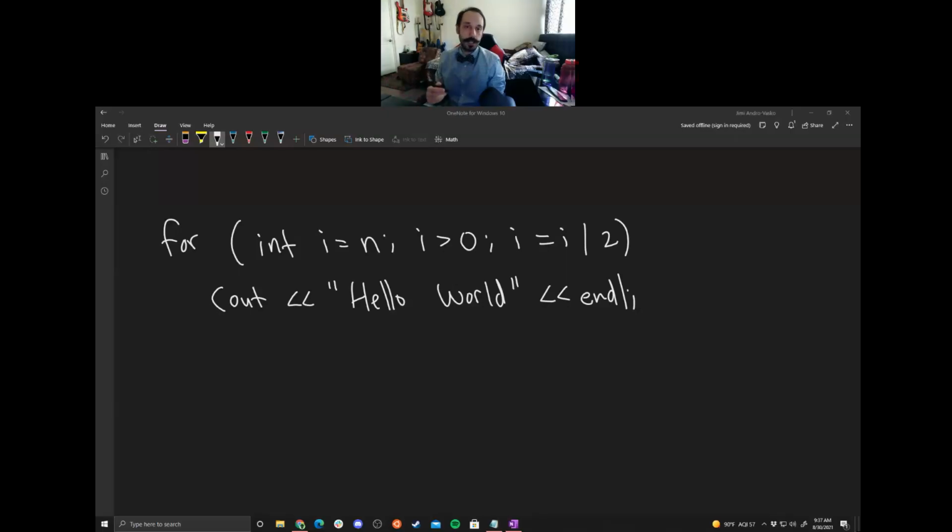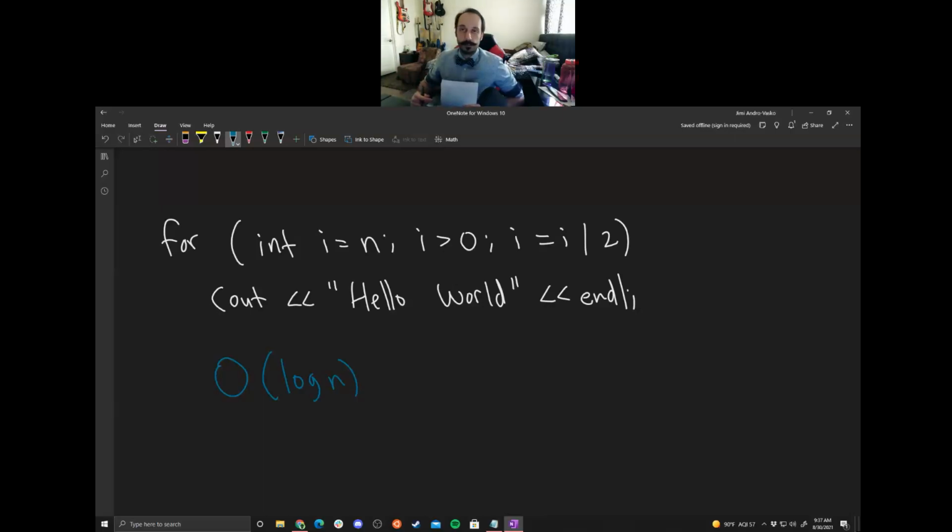Even for log base 10 of n, that means how many times do I divide n by 10 until I get 1 or 0. So it's O of log n only because of the definition of logarithms, basically. That's what a logarithmic growth rate is, dividing by 2 until we hit 1 or 0.